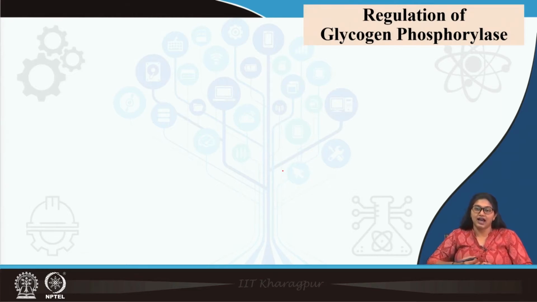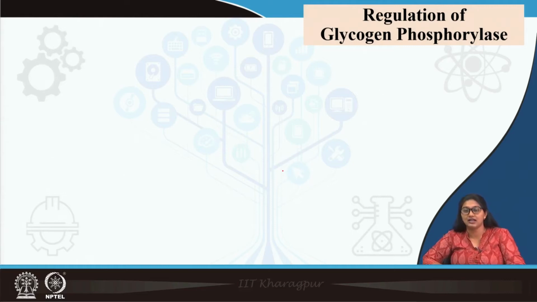Another very important thing is that glycogen phosphorylase remains in two different forms, and that was discovered by Carl Cori and Gerty Cori, those two important scientists. They were awarded the Nobel Prize in medicine and physiology for the demonstration of glycogen phosphorylase and its activity.